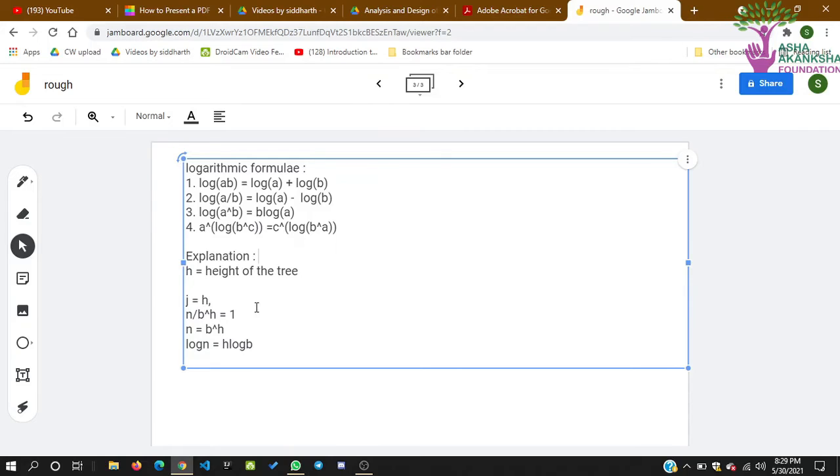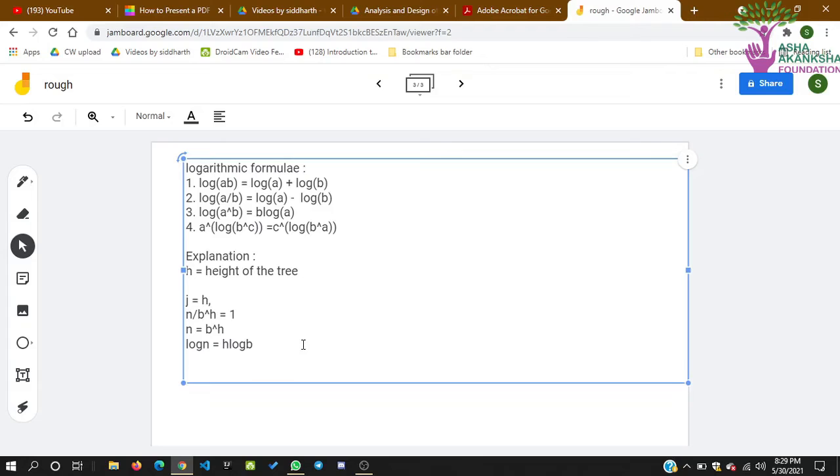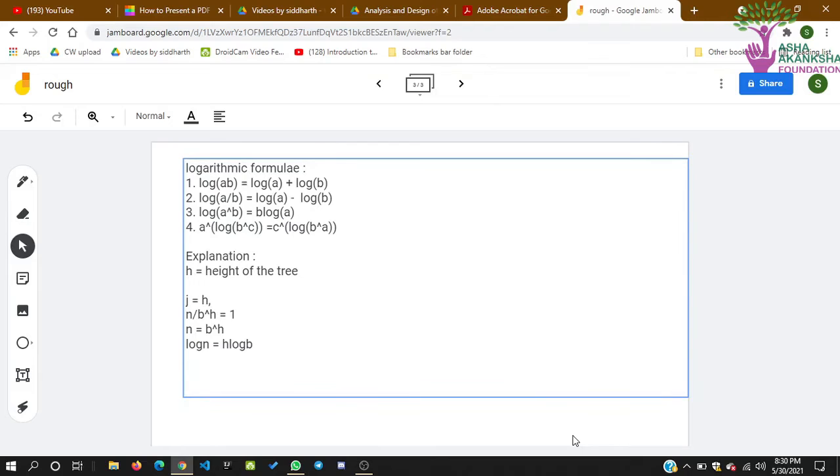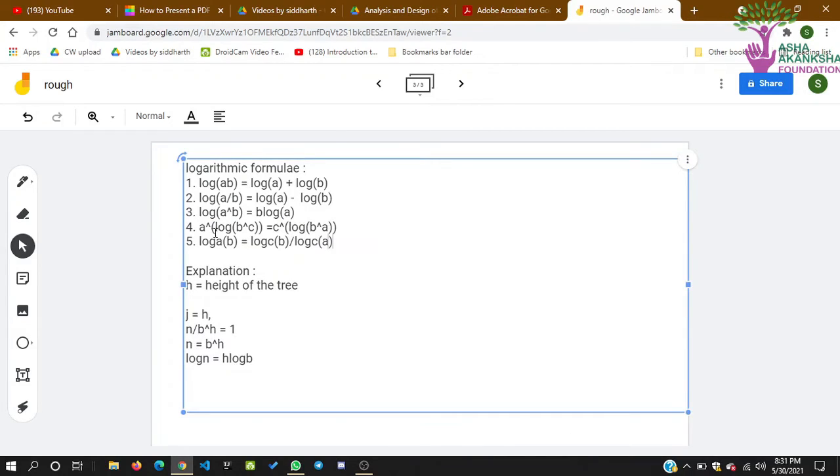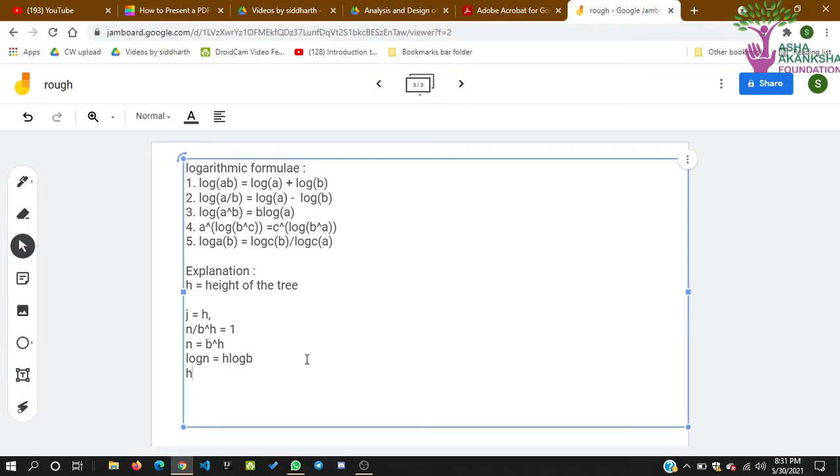So I used this formula here. I used the third formula here in this particular step. Now for this, I added one more formula. So I applied log on both sides. Then I take h is equal to log n by log b.